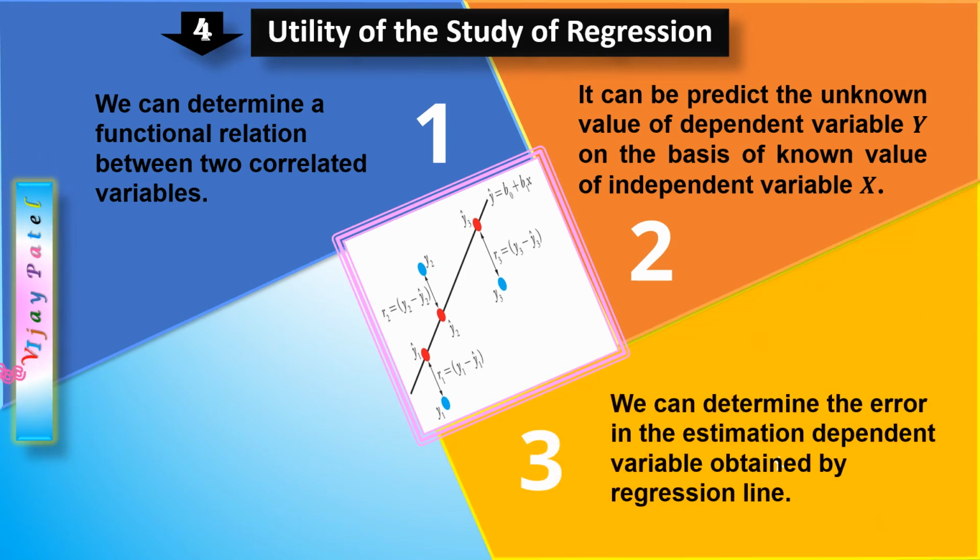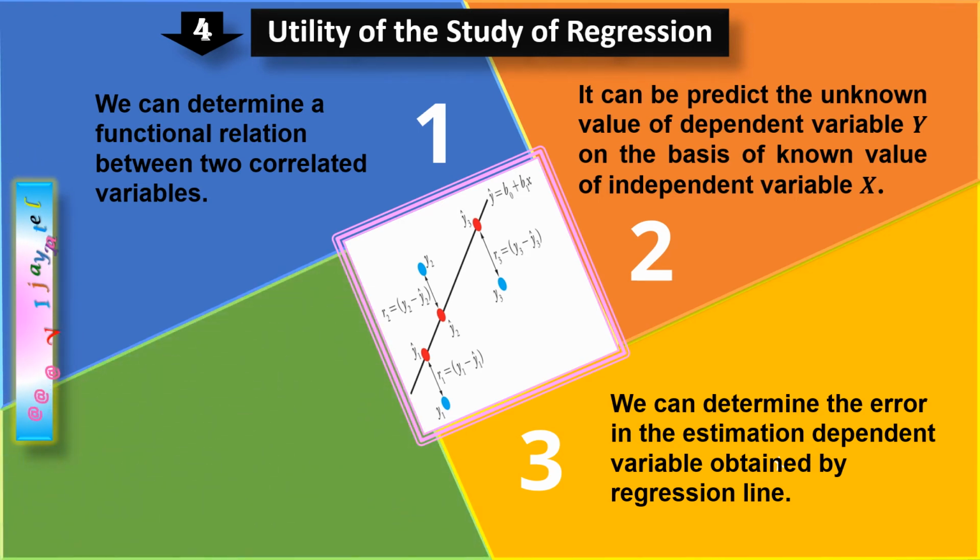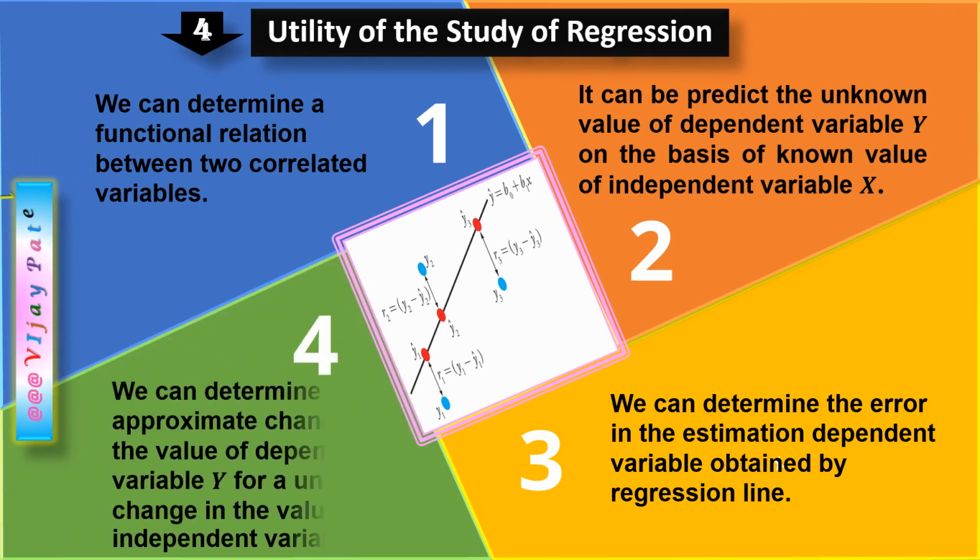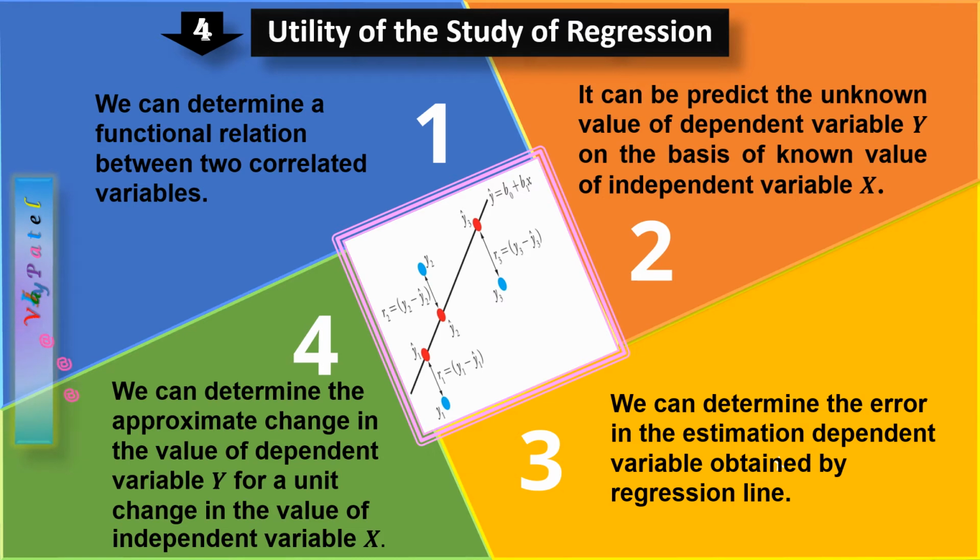Third point, we can determine the error in the estimation of dependent variable obtained by regression line. And last point, fourth point, we can determine the approximate change in the value of dependent variable y for a unit change in the value of independent variable x.